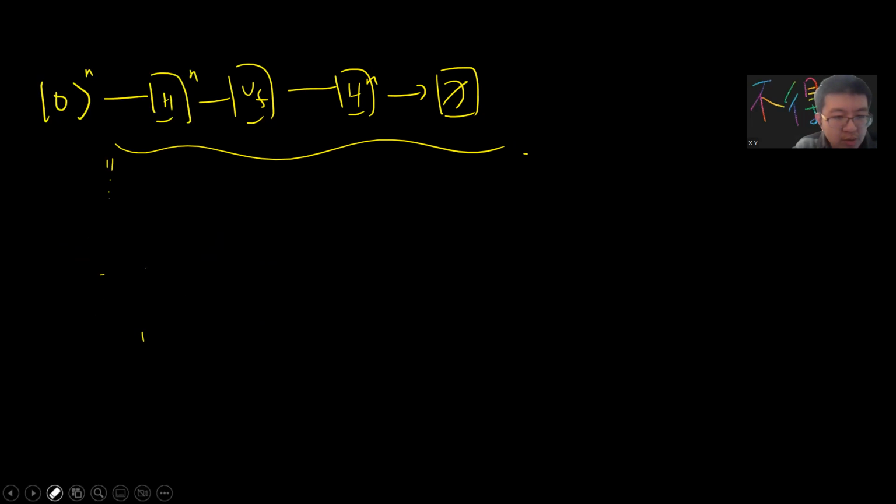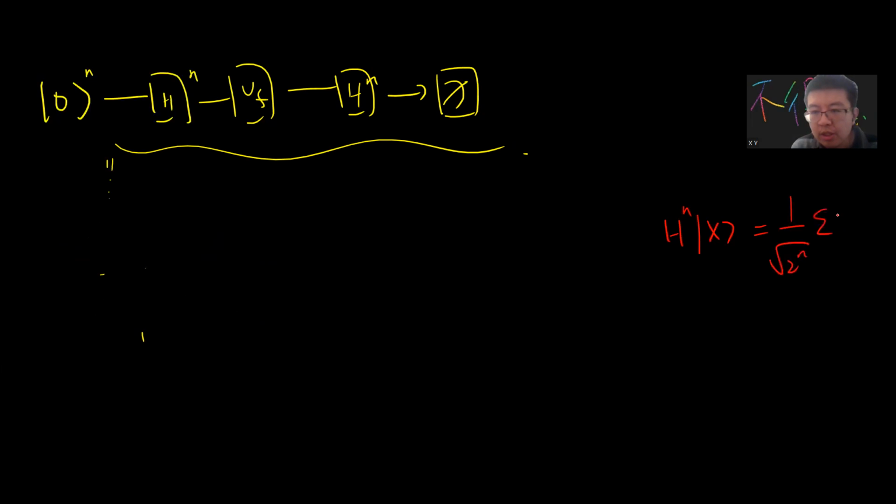The only important formula we need to remember is that if you apply H to the n on |x>, where x is a bit string, you get 1 over square root of 2 to the n, the summation over y from {0,1}^n of (-1)^(x dot y) |y>.